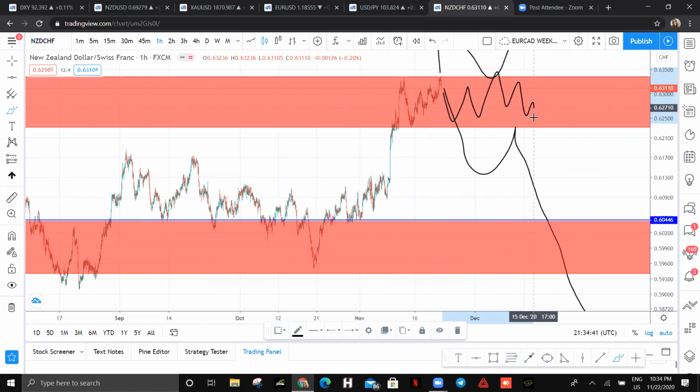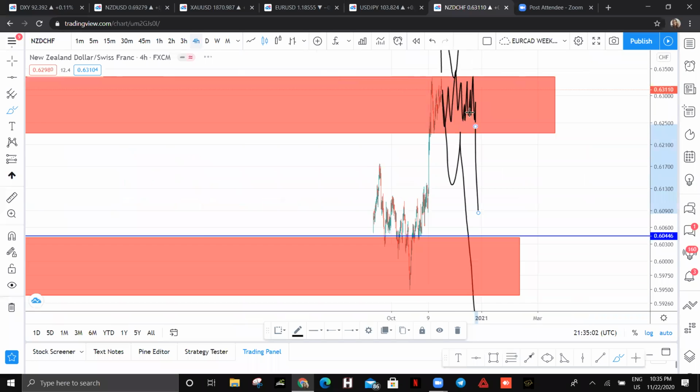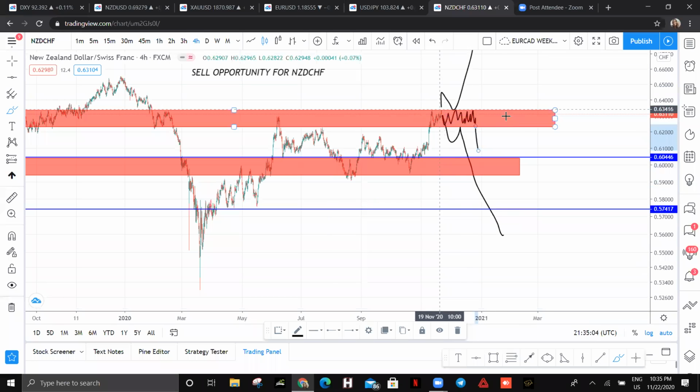To consolidate inside this zone before it reacts down. So that's how this pair is going to go. But from all my indications, what I'm seeing here, I'll look out for more of the sell. Before I can buy it, I'll wait for it to do what? Break out of this zone. Then I'll look out to buy this particular pair.